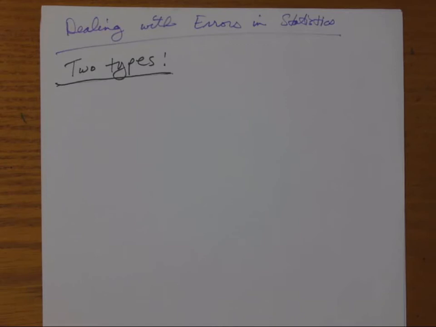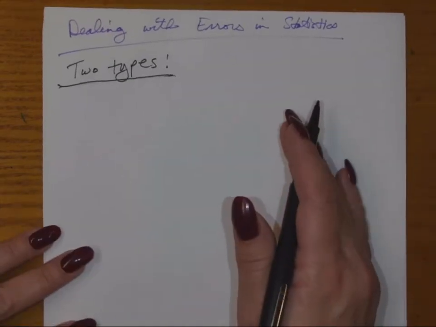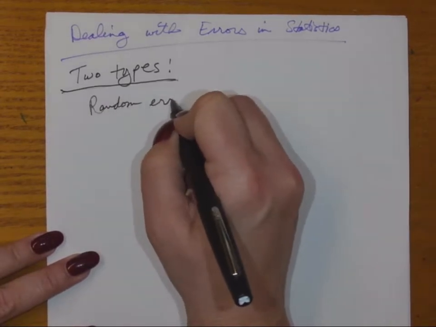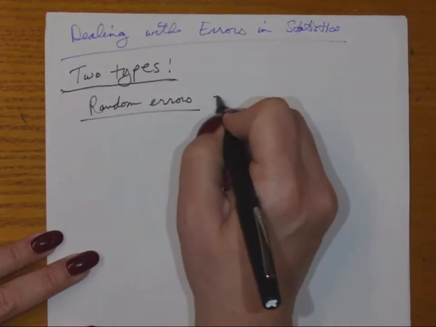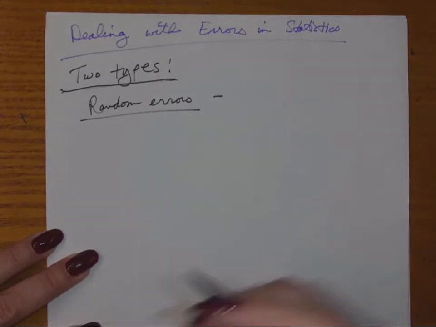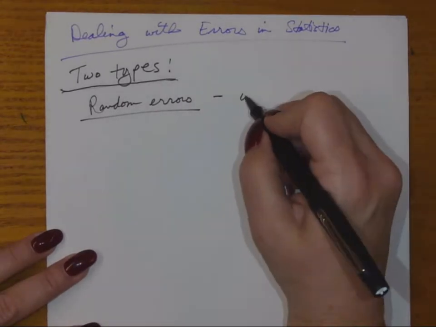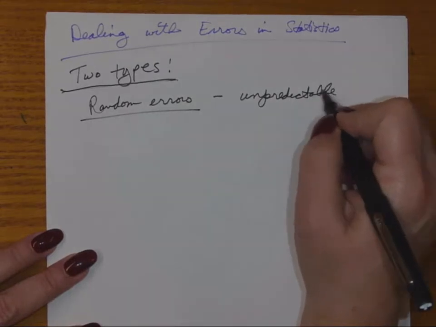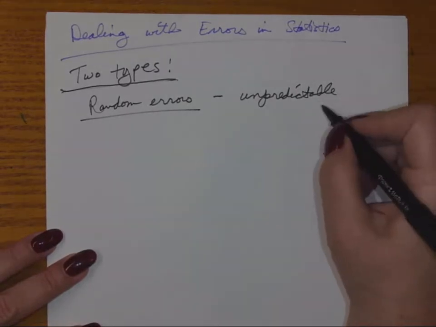But the basic two types that we talk about are random errors. Okay, so with a random error, this is something that's unpredictable. It's random. We just couldn't foretell that this was going to happen.